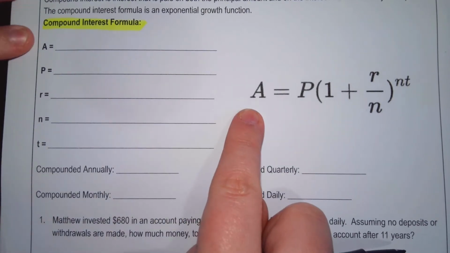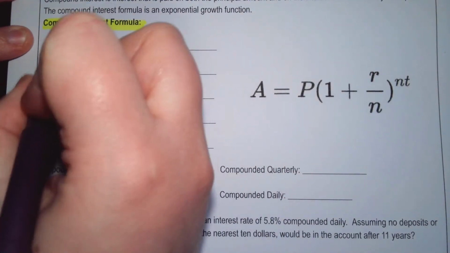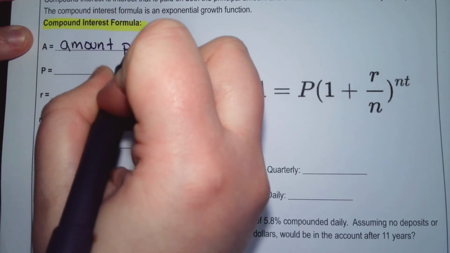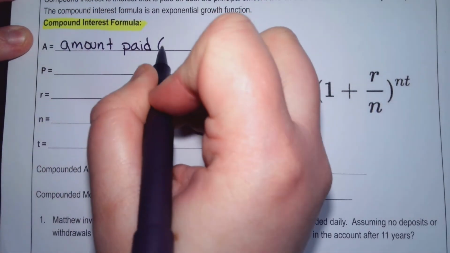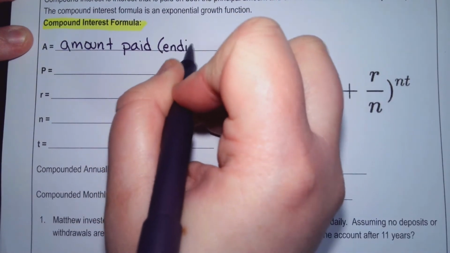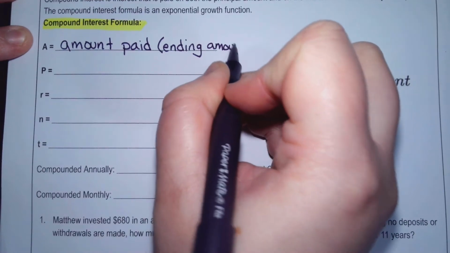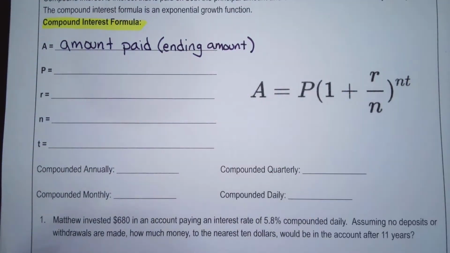So, capital A, that is the amount paid, also known as the ending amount. So it's just, all right, after putting so much money in for how long, what's the end amount?